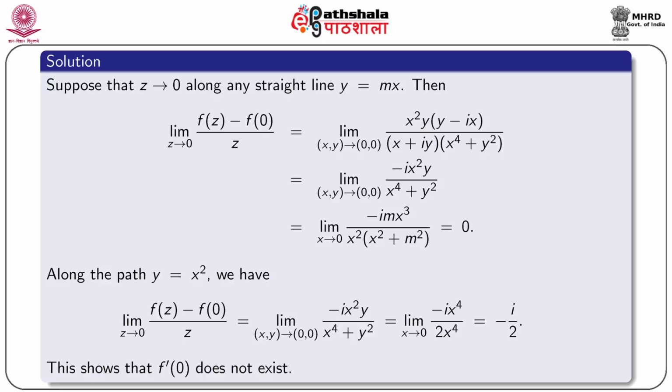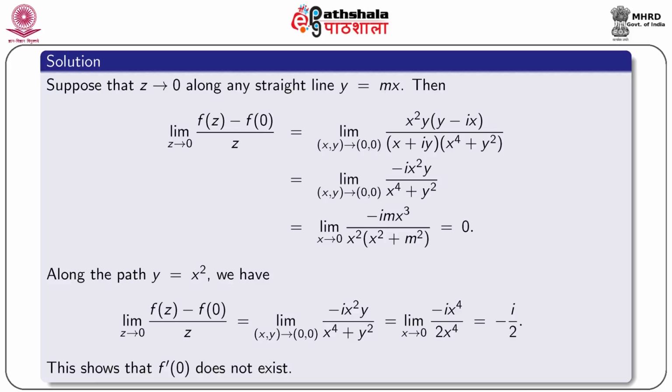Putting y equal to mx, we get limit x tending to 0 of minus i m x cubed by x squared into (x squared plus m squared), which gives, after putting x equal to 0, 0.